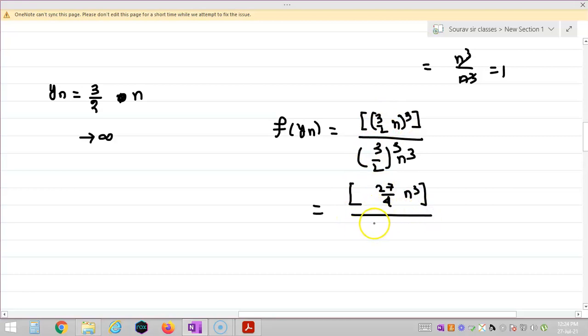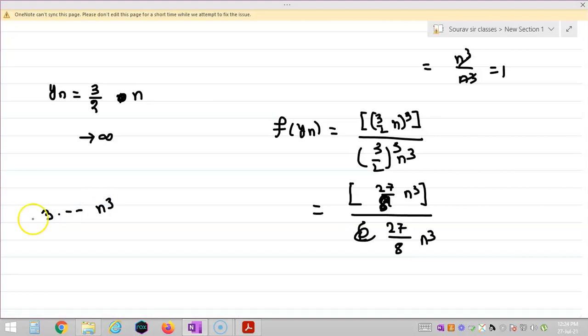So this is nothing but 27 by 8 n cube in the denominator. Now observe that 27 by 8 n cube means 3 point something times n cube, so its greatest integer is 3 n cube. So we have 3 n cube by 27 by 8 into n cube.